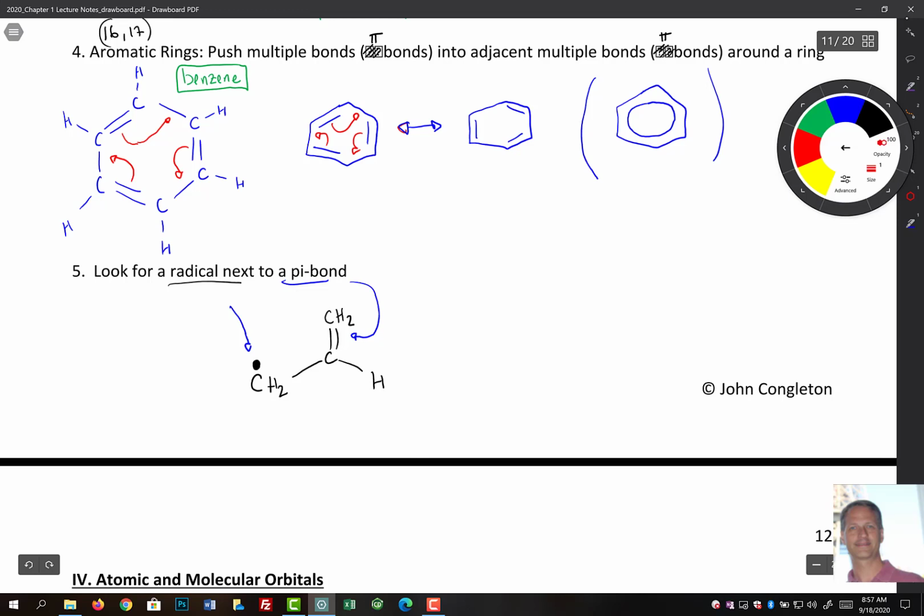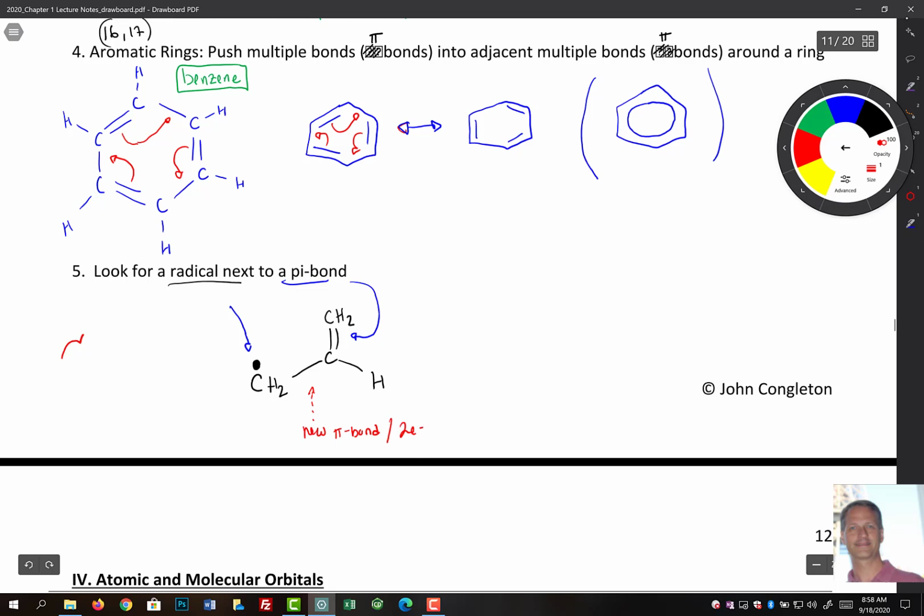Now, the thing that makes this a little bit complicated is that when we use arrows for a radical, we use these fish hook arrows. So we're going to see more arrows when we draw these structures out. Basically, we would like to form a new pi bond right here. A pi bond is made up of 2 electrons.